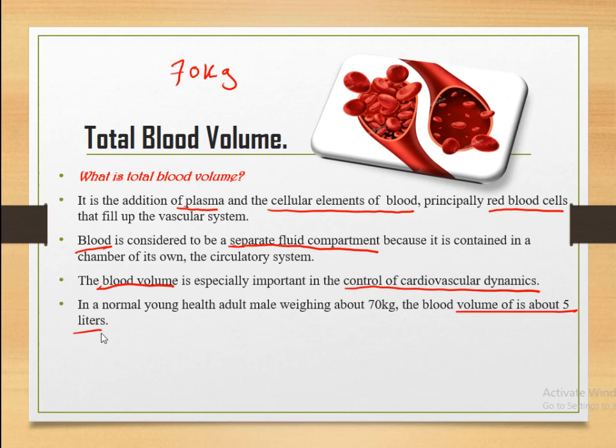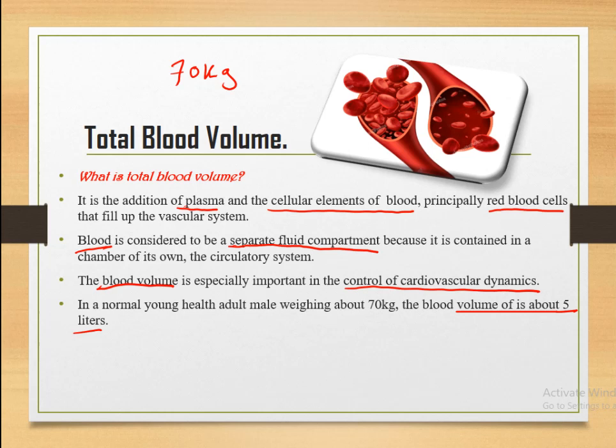So you as a medical doctor, you as a health personnel, you need to understand how much blood someone is supposed to have. It is also important for you as a medical personnel to understand how much blood a normal human being has, of which a human being has about 5 liters of blood.